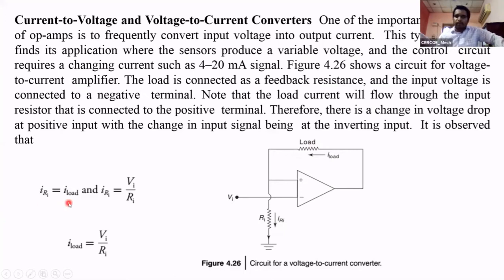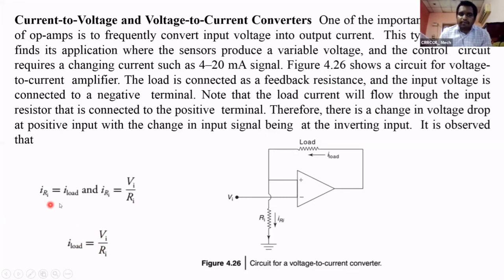Now what is the relationship between current, resistance and voltage? The relationship between V and I is V is equal to IR, or I is equal to V by R. Now I RI is equal to I load, which means I load is equal to VI by RI.